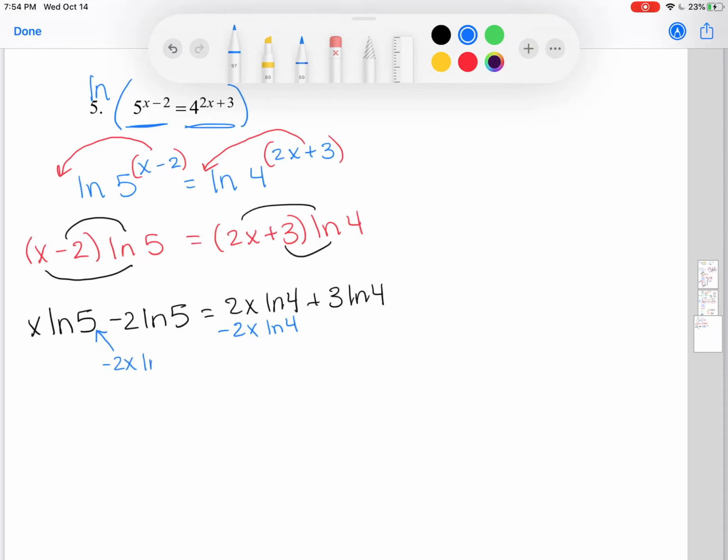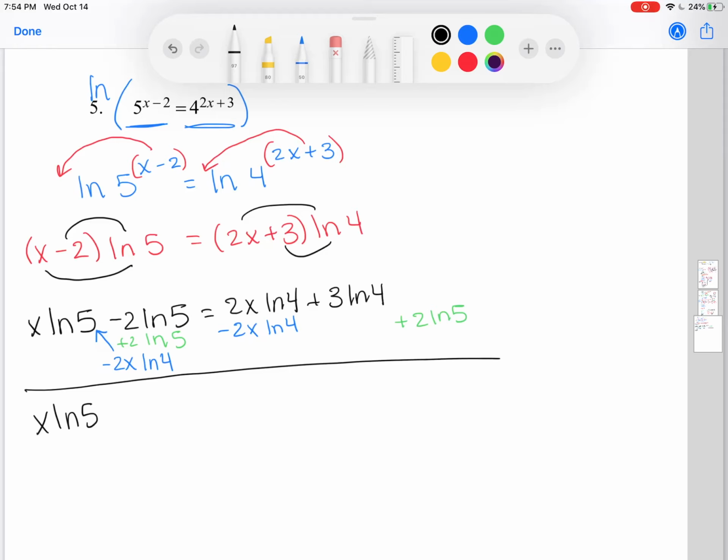And at the same time, let's move this minus 2 ln 5 by adding it to both sides. Again, it does not count as a like term with that natural log of 4, so I need to add it at the end there.